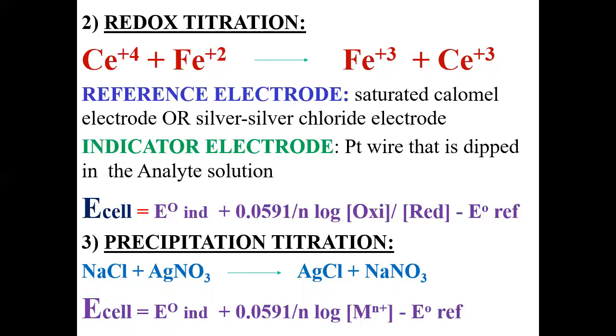If in this solution there are ferrous ions, Fe plus 2 ions present, and we add an oxidizing agent such as cerium Ce plus 4 ions from the burette, the solution containing the Ce plus 4 ions acts as an oxidizing agent.